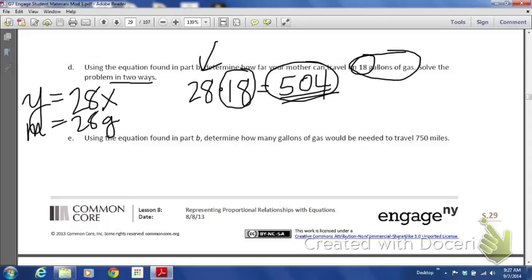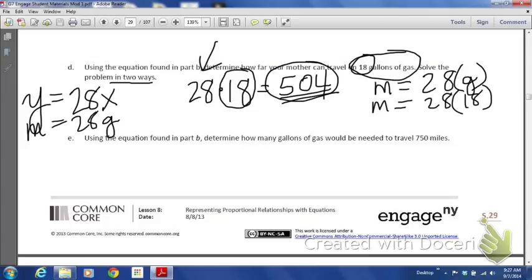Okay. So this is more arithmetical, but if we looked at it more algebraically, we start off with, again, m equals 28g. We plug in right here. We don't know miles, of course, that's what we're solving for, equals 28 times 18.